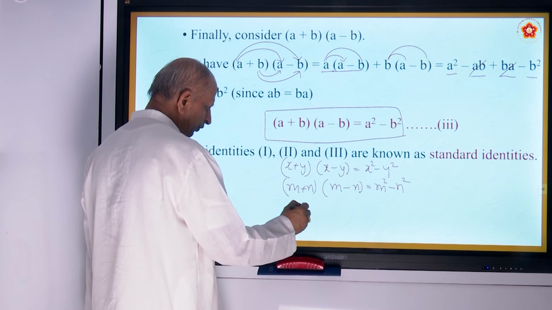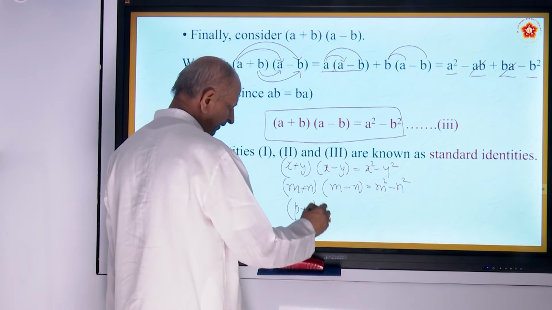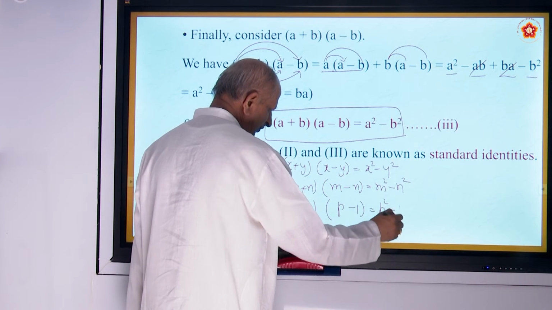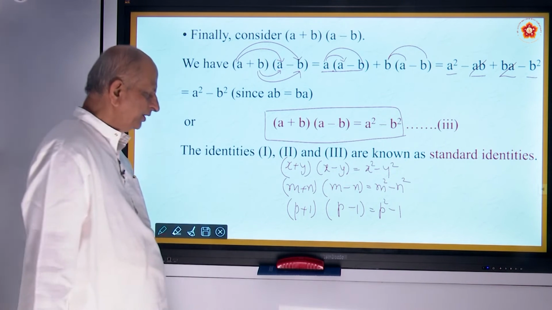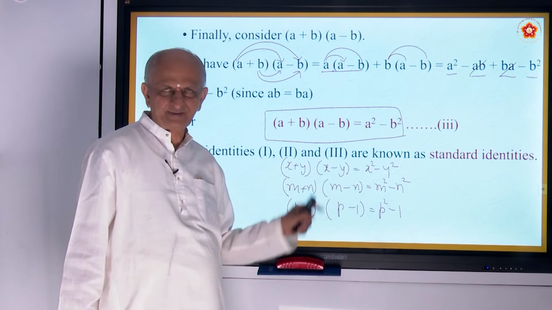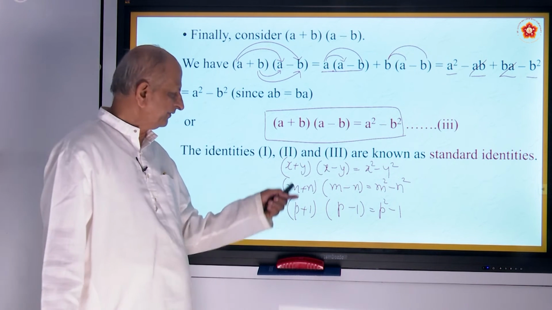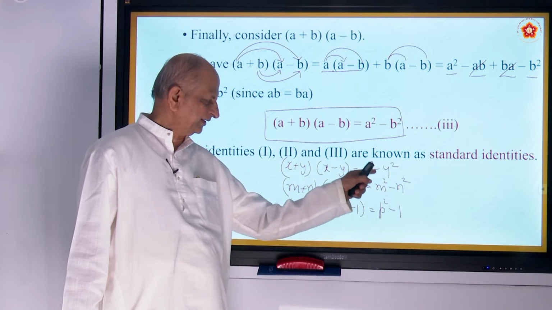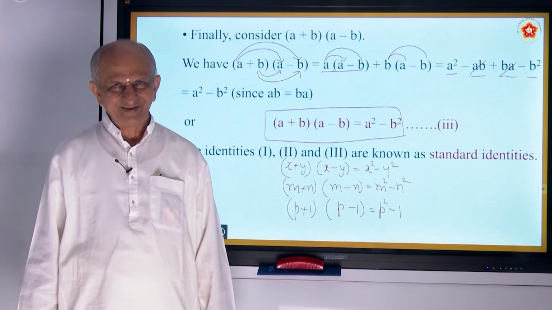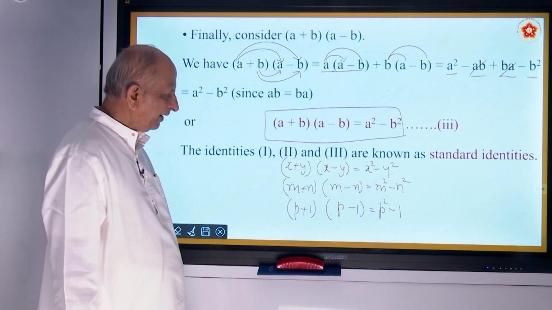Suppose you have P and 1, P plus 1 into P minus 1, you get P squared minus 1 square, that is 1. If you are given these, these are called factors, and if you are given this, you must be able to write this. This is called the product of these two. Understood? Shall we work out some problems on this?